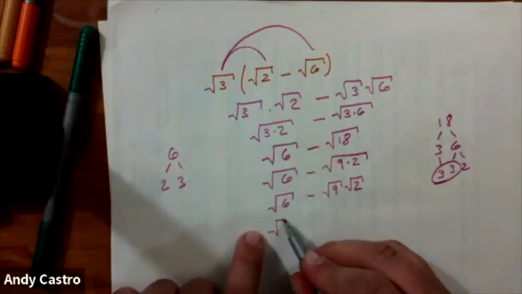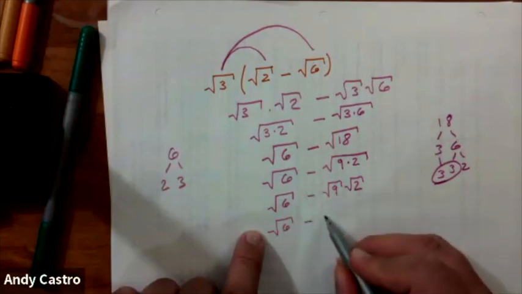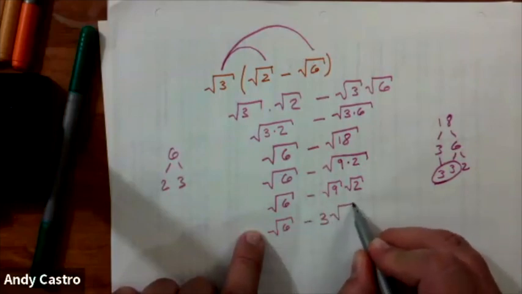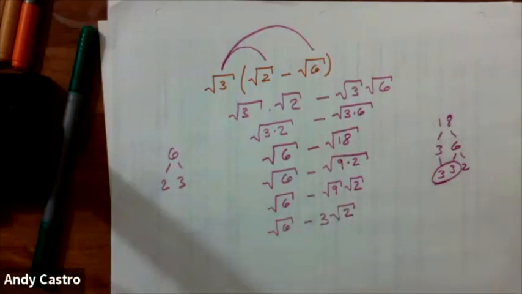And the square root of 9 is 3. And now I have square root of 6 minus 3 times the square root of 2. All right.